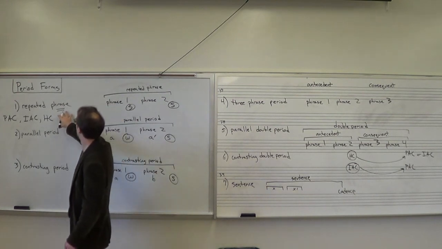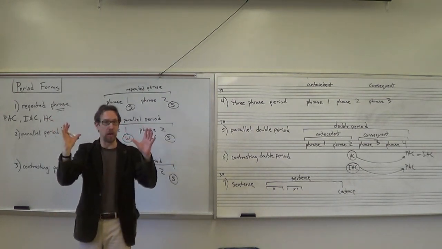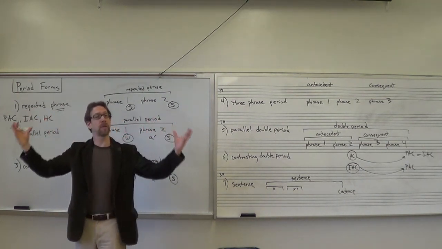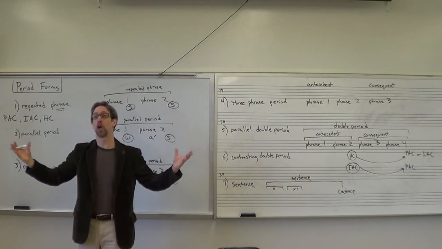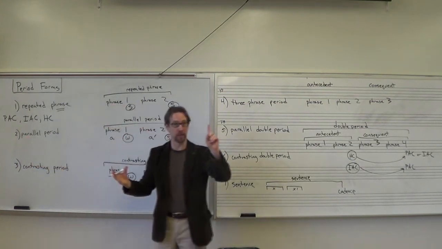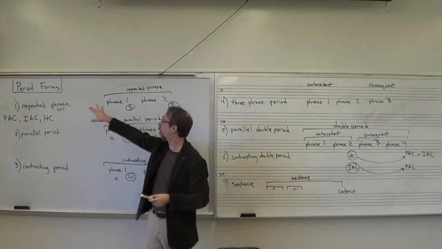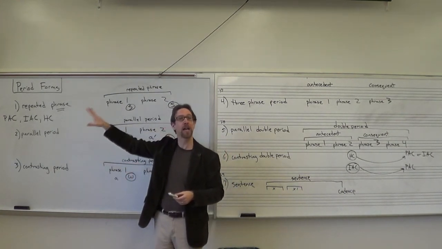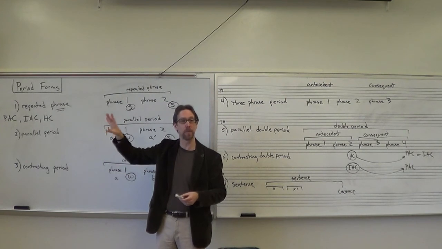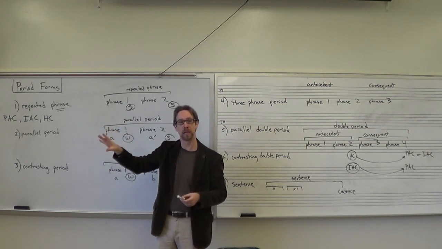A phrase is a unit. Sometimes you can combine phrases into a larger unit. When you can, they're called a period. Not all phrases can be combined into larger units.